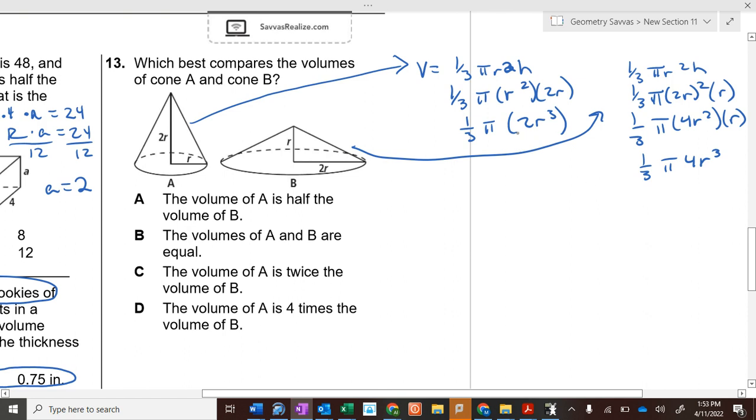So the first one is 1/3 pi times 2r cubed. What's the difference between the two of them? Yeah, so the volume of A is half the volume of B. Because this is 1/3 times pi times 4r cubed. This is 1/3 times pi times 2r cubed. Okay?